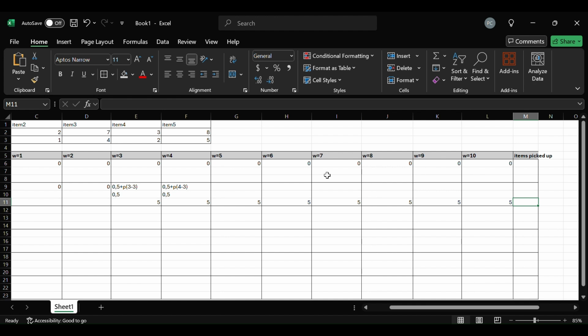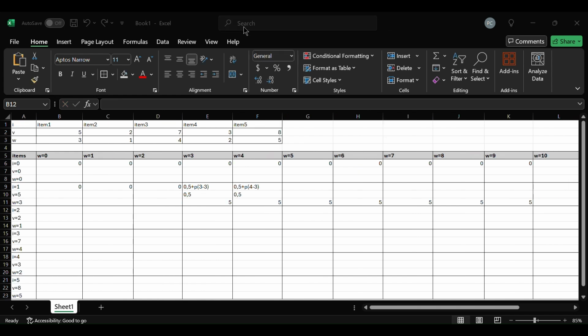Right, and finally we can say that we picked up item 1. Once we've completed this row, we'll move on to the next row for item number 2. And similarly, we'll consider each situation or each block.